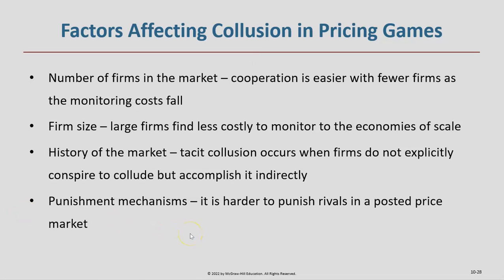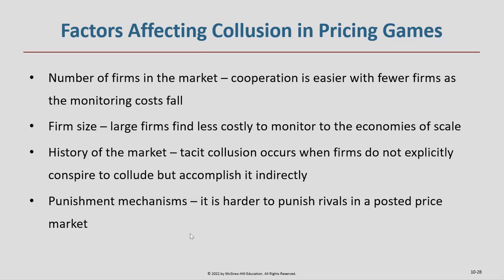Okay, and then some other factors that affect collusion: the number of firms in the market. The fewer the firms, the more likely that those firms will be able to cooperate. One reason is that when you are cooperating with people, you need to be able to monitor their behavior. So the more firms, the greater the monitoring cost.